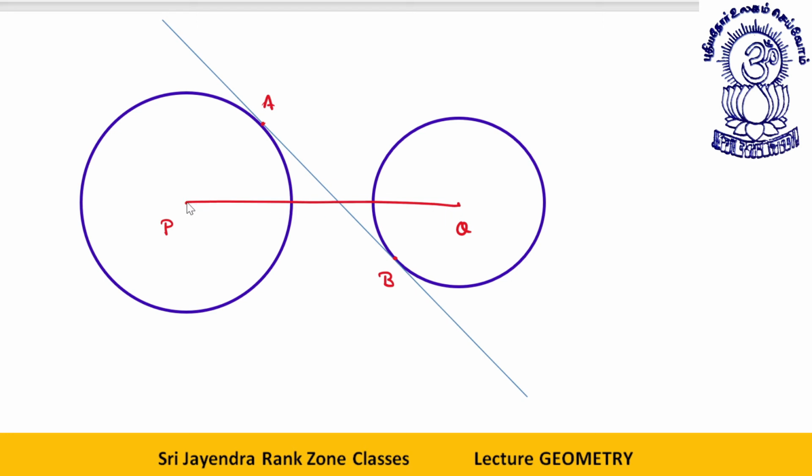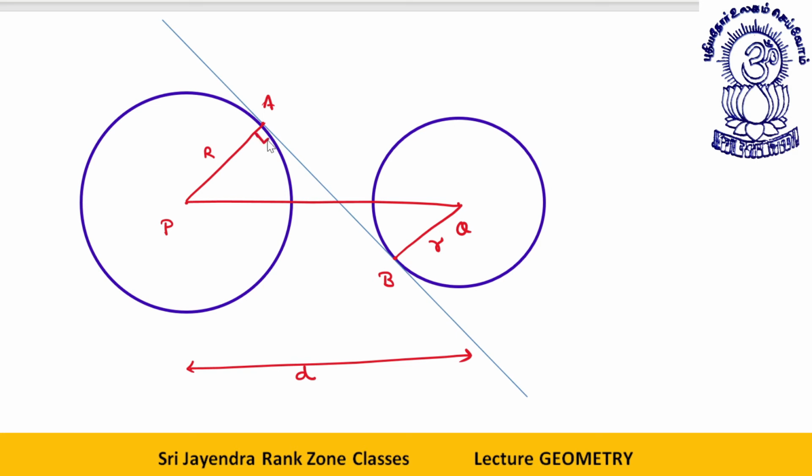Here this is capital R, here this is small r, and here the distance between the two centers is D.